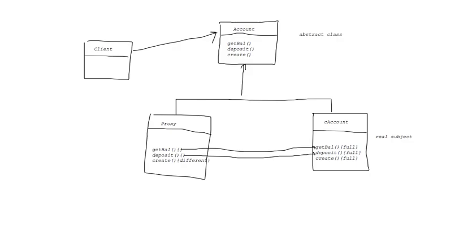One is public abstract double get balance, this method, it's abstract.